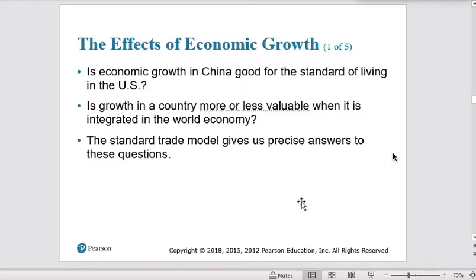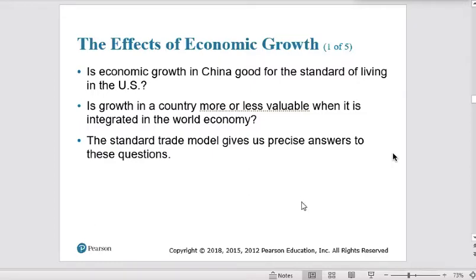So the questions we are trying to answer here are: is economic growth in China good for the standard of living for the advanced economies, like the European Union or the US? Is the growth in a country more or less valuable when it's integrated into the world economy?